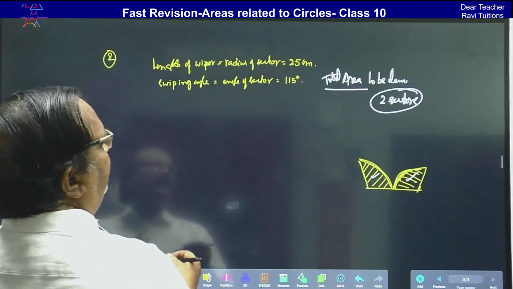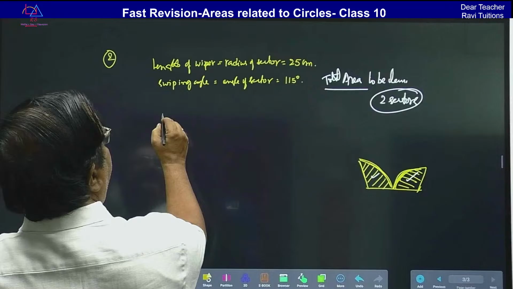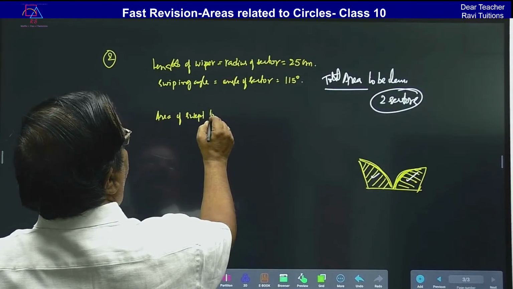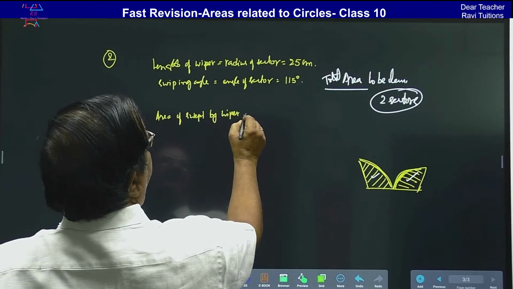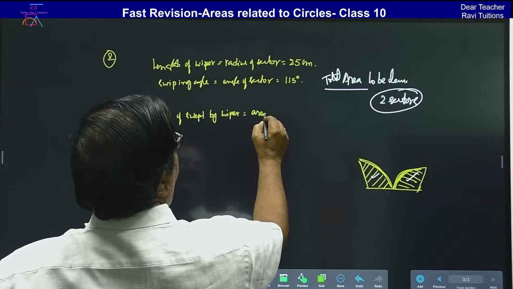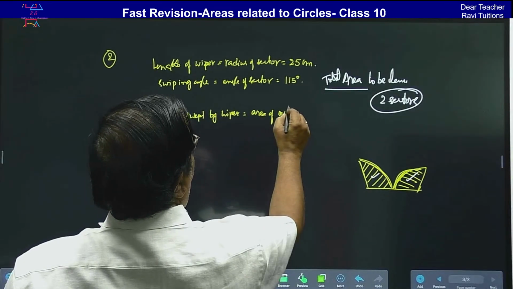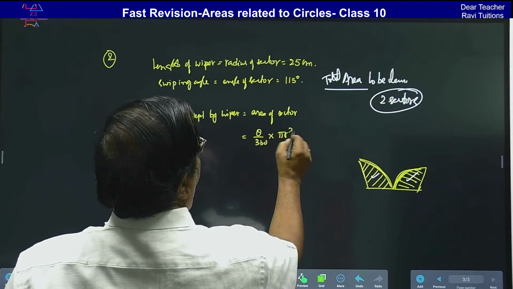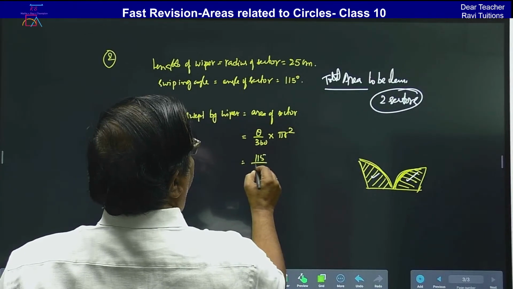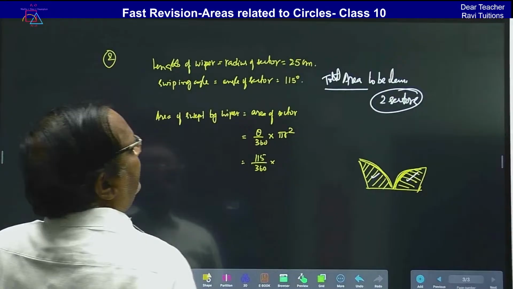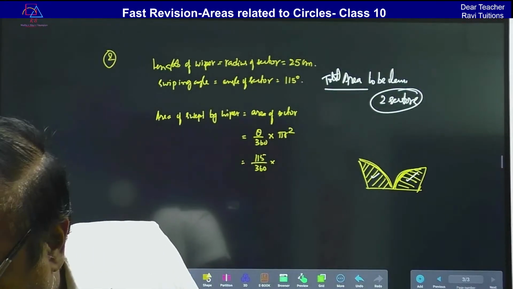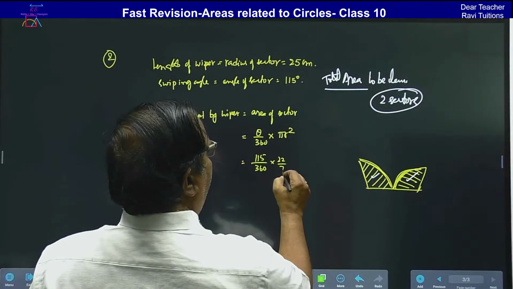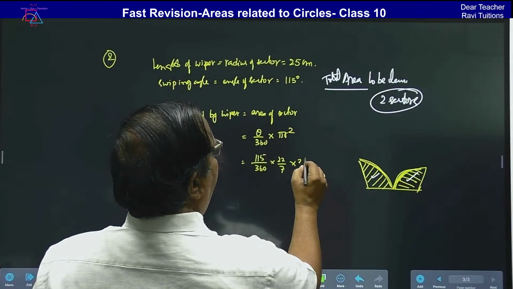So now area swept by wiper is equal to area of the sector, which is equal to theta by 360 into pi r square. Theta is 105 by 360 into 22 by 7 into radius 25 into 25.